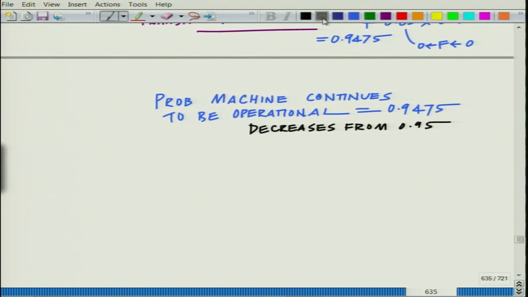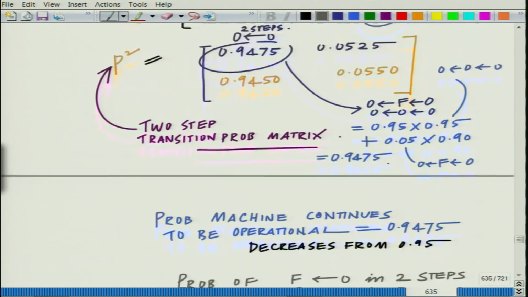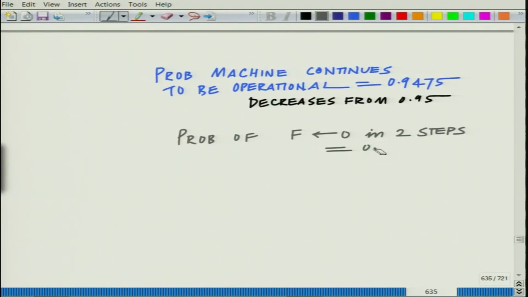So, essentially it means, and look at the probability of breakdown, the probability it goes from operational to faulty in 2 steps. This is equal to P square of 1 2, right.